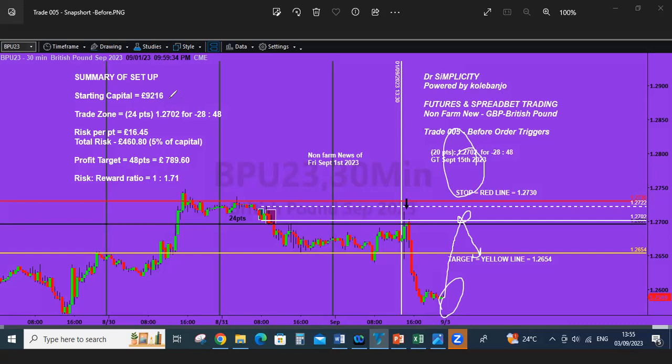And to the left here, we have all the parameters. We had a starting capital of 9216, and total risk was meant to be £460. If we made a profit, we were hoping to make a profit of 78960. Essentially, that's the setup. I'm going to close this down if I can.